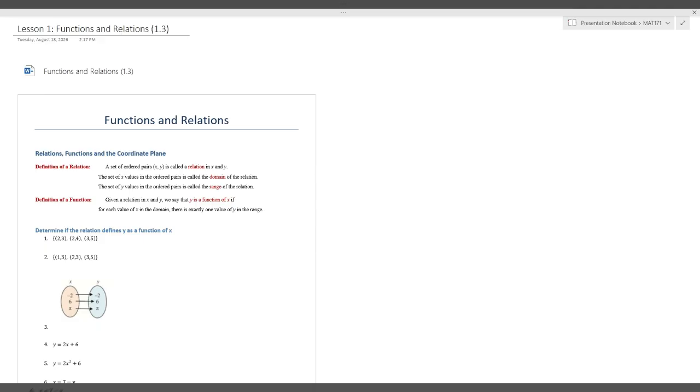Now, when we get into the definition of a function, the definition is that for each value of x in the domain, there is exactly one value of y in the range.